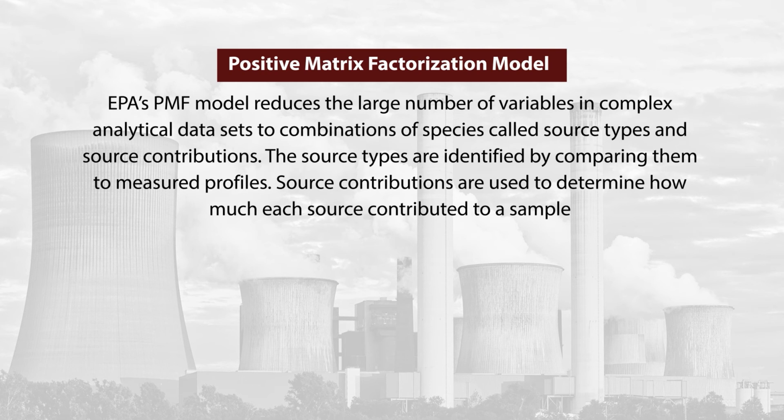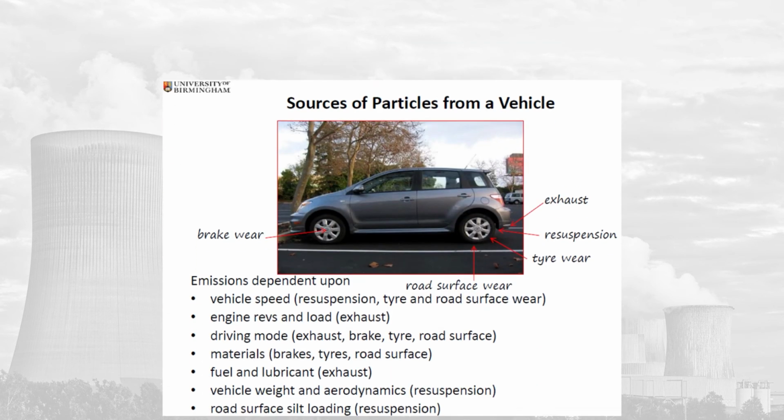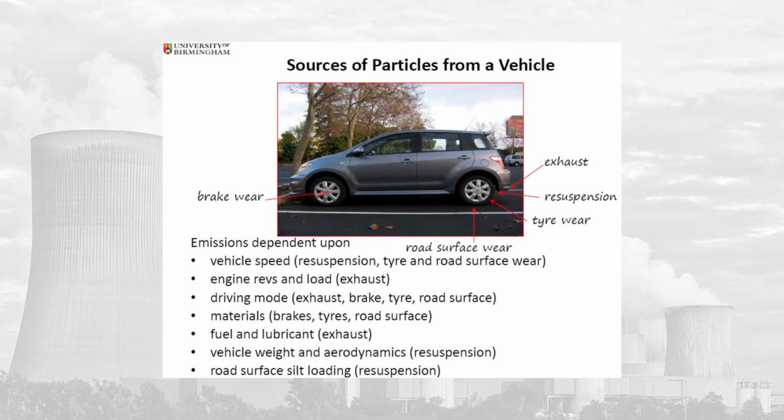The source contributions are used to determine how much each source contributes to a sample. For example, PMF analysis can find out, even within a source, what sort of source it is, whether it is from tire wear, resuspension or exhaust emissions.